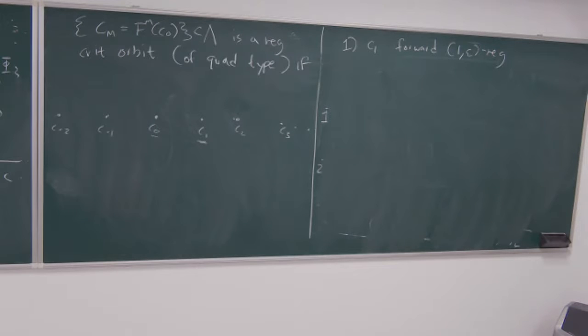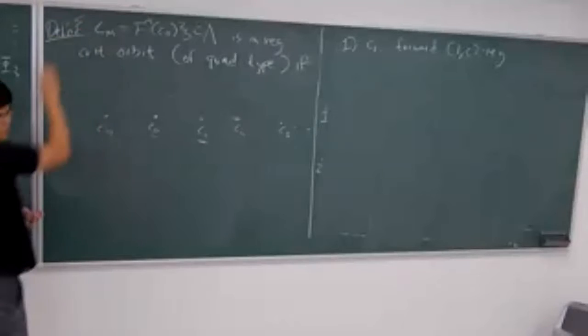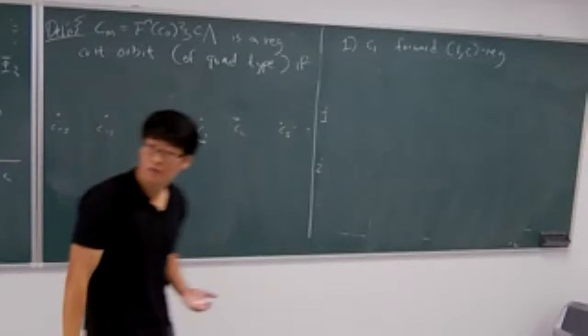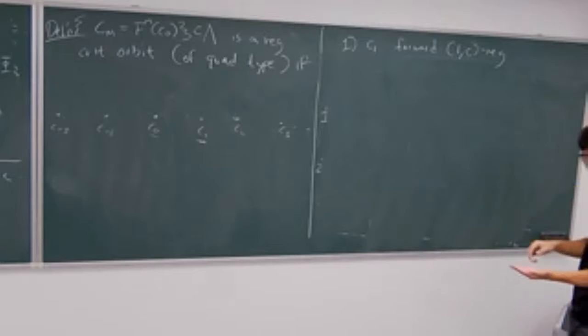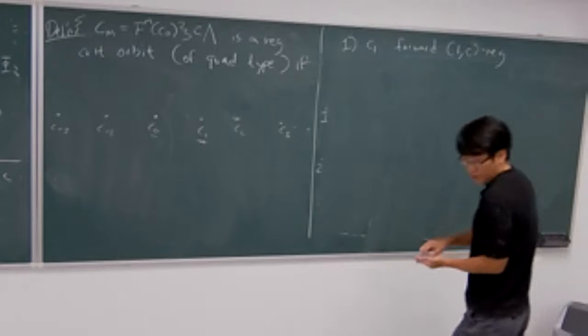So I choose one, but it could be different. In one dimension, you're talking about diffeomorphism. So I'm going to define what it means for it to be equivalent. Right? So this is the definition. Then we have to look at our point C naught, and we define this. That's satisfied with properties. So the first property is that C1 is forward regular.